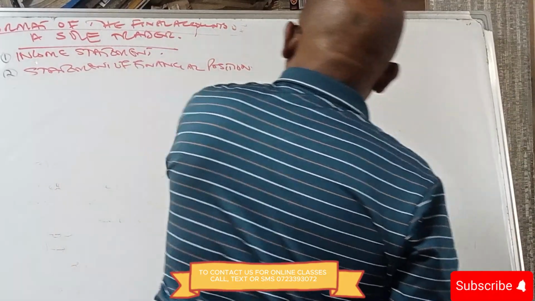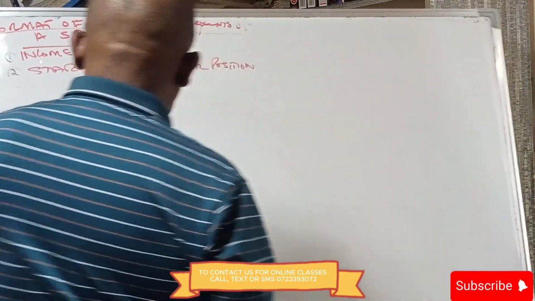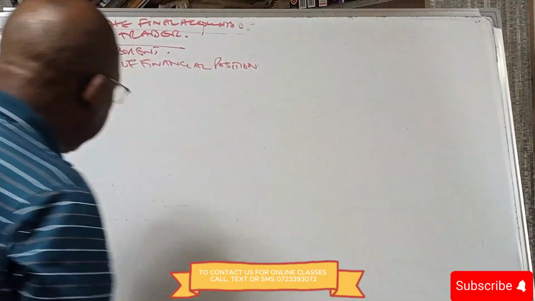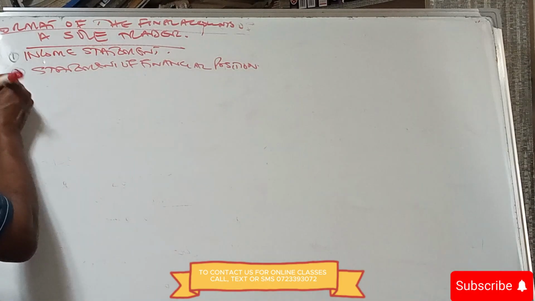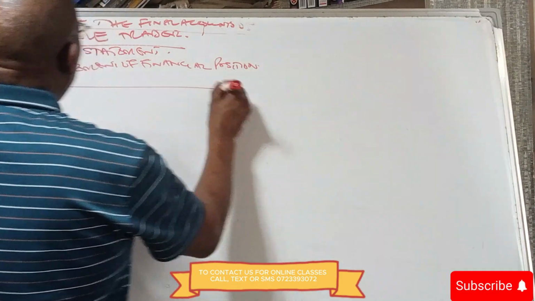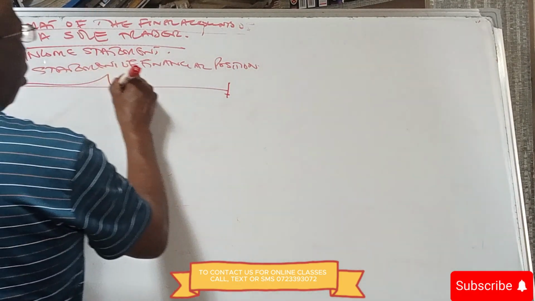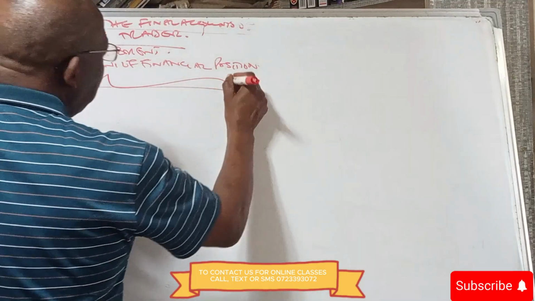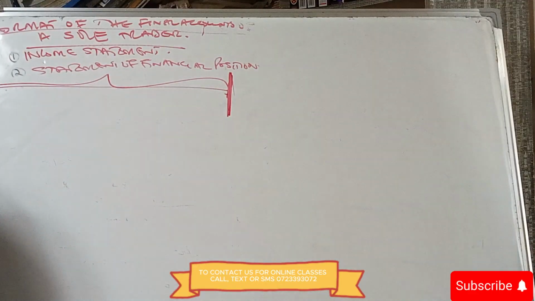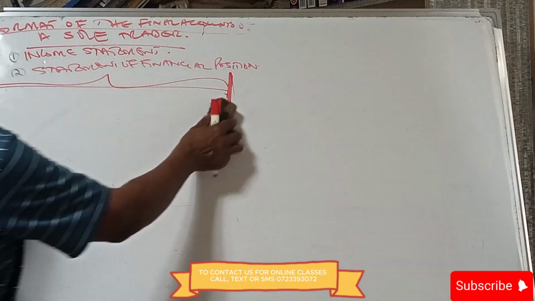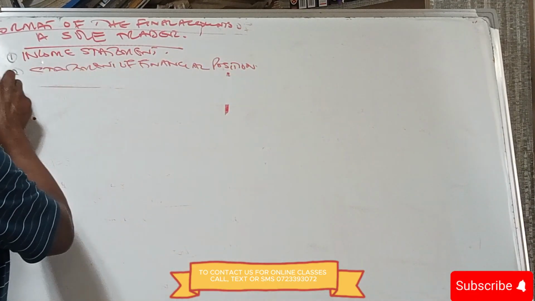We say for the what? But the balance sheet, we don't say for the year, we say as at, because it is at one point in time.